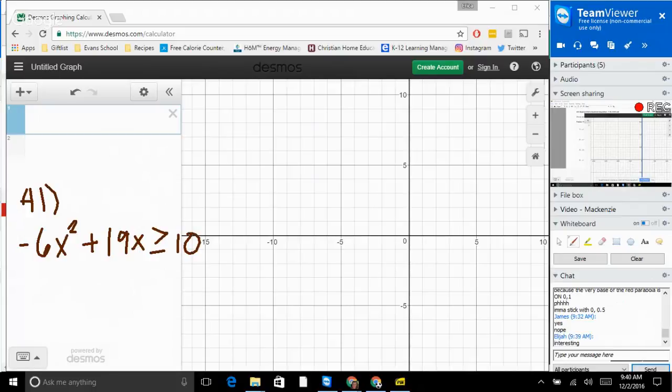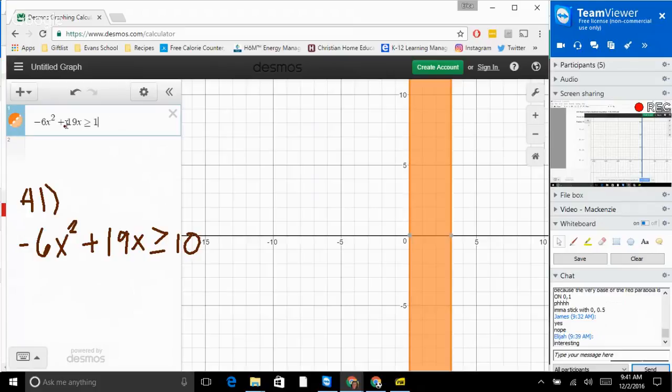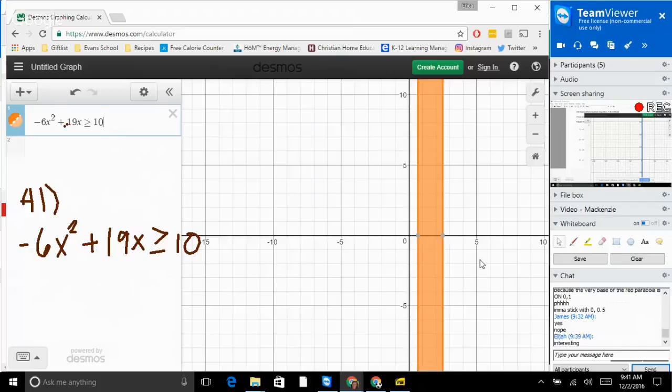So the first thing you want to do when you do this graphing, you can graph the inequality like that, but let me show you what happens when you do that. If I just type this into Desmos like it's written, I get an inequality, but it might not necessarily be in the same way.